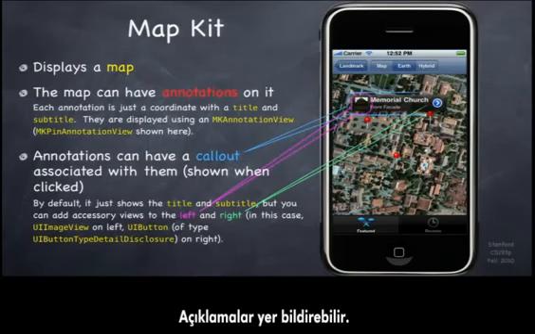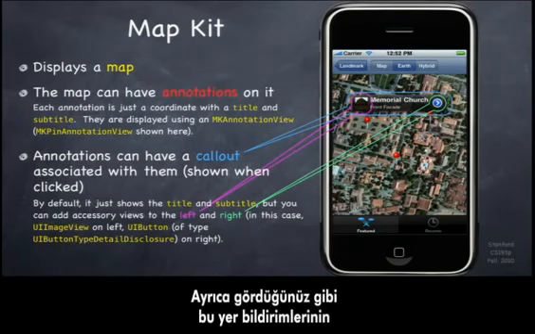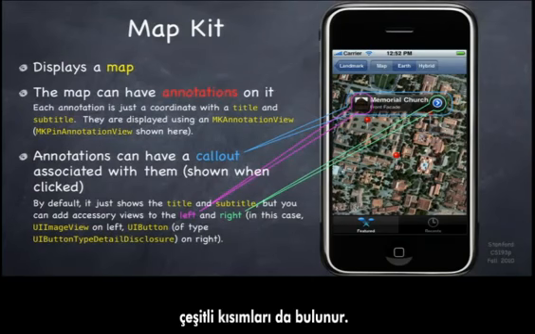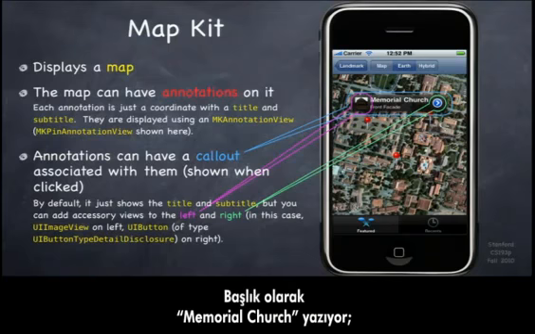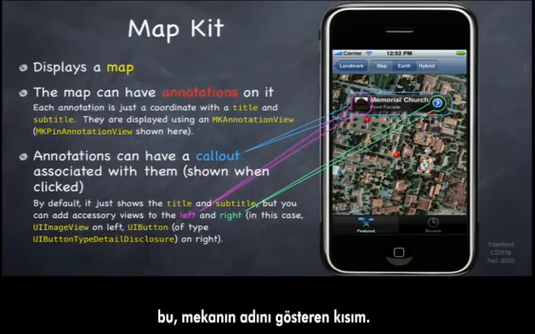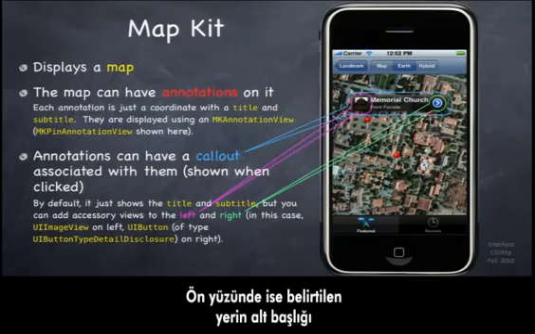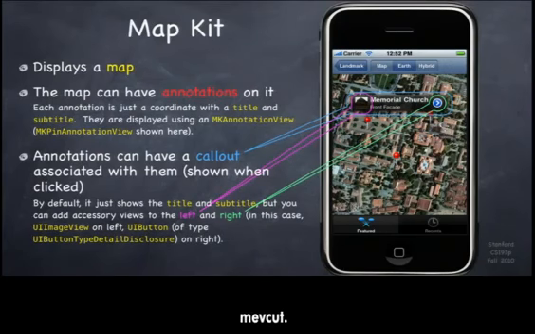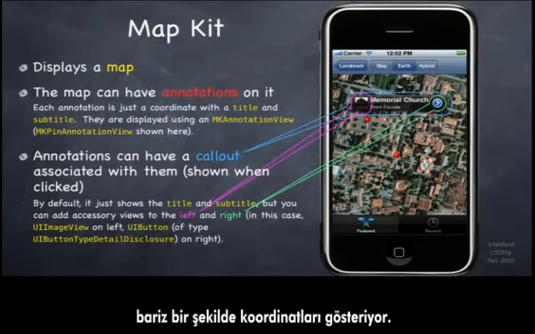Annotations can have a callout. You can see there's a callout there at Memorial Church, and you can see the parts of the callout. The title, Memorial Church, would be the annotation's title property. Front facade would be the annotation's subtitle property. The coordinates of the annotation are obviously where the little pin is.